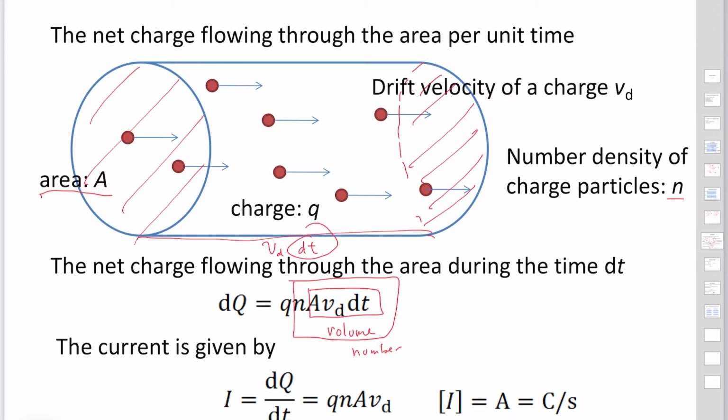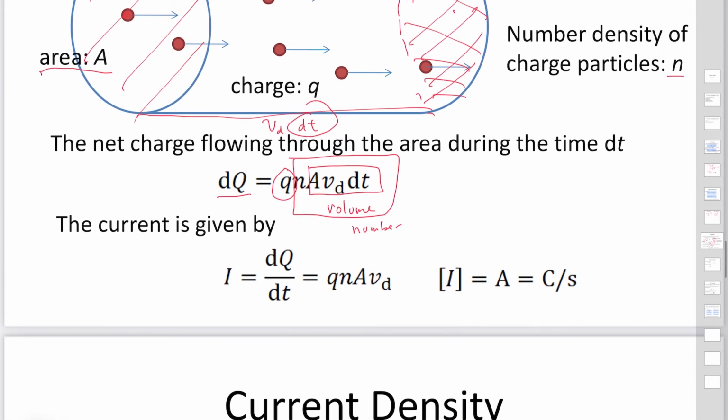Because all the electrons can pass through this area after the time dt, even if an electron is really close to the bottom of the cylinder, it can reach the other side of the cylinder and pass through this area. If you multiply by the charge, you can find the total amount of charge passing through this area, dQ.